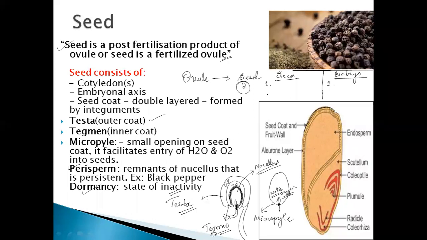Next you need to give the differentiation, and here you can give the example. Example will help you here. So that is why I am stressing that you learn the definition and also the examples.